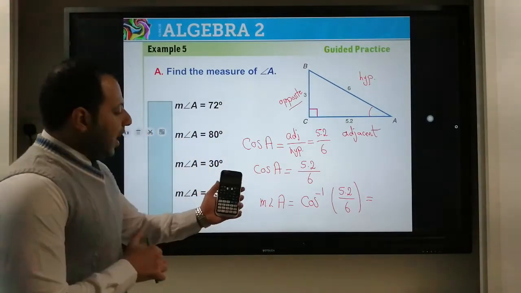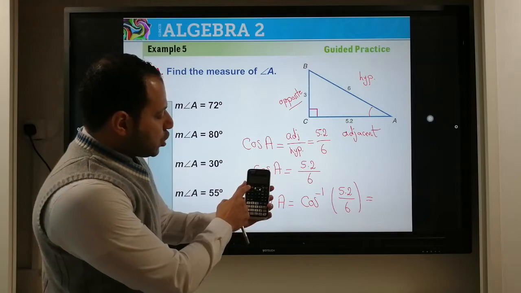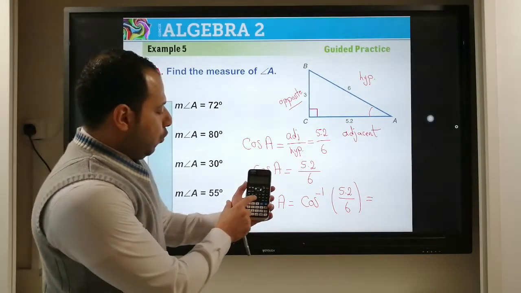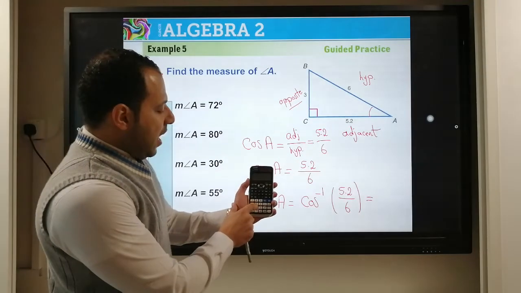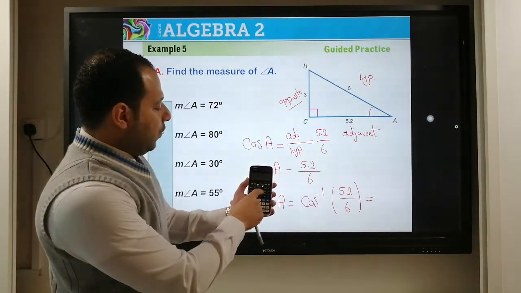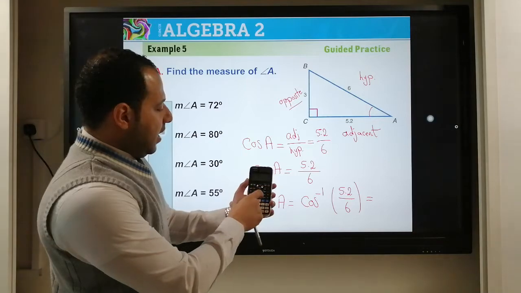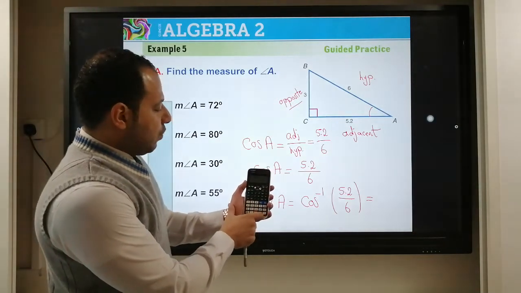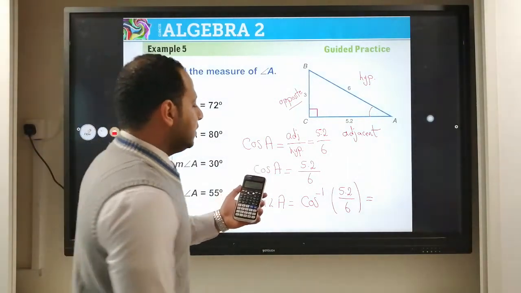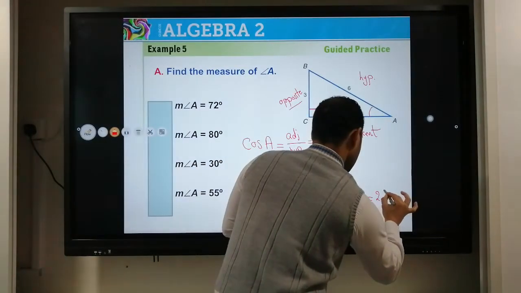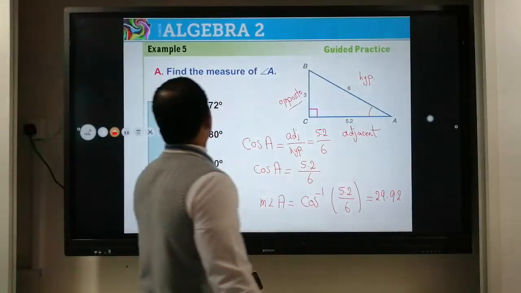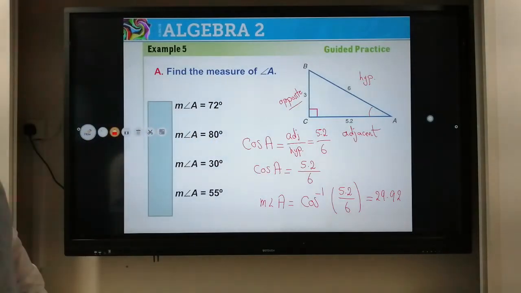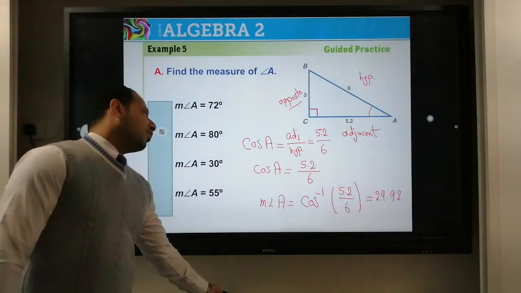In the same way, we write shift cosine for the ratio or the fraction, 5.2 over 6, and then we press equal. 29.92.